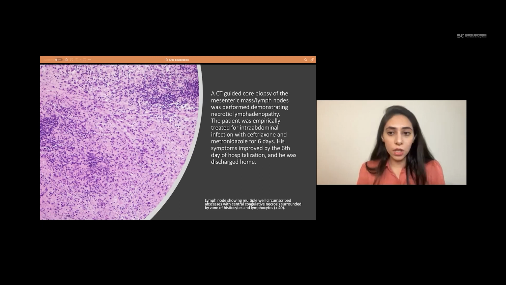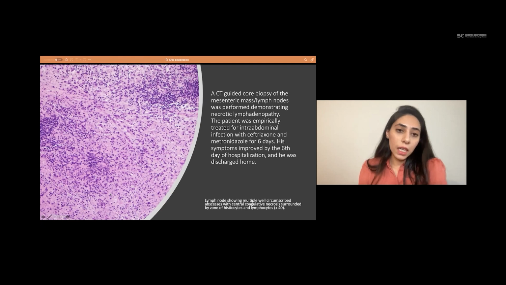He did respond to that. His symptoms resolved, and he was discharged home. Here is the slide that showed leukocytes and lymphocytes.